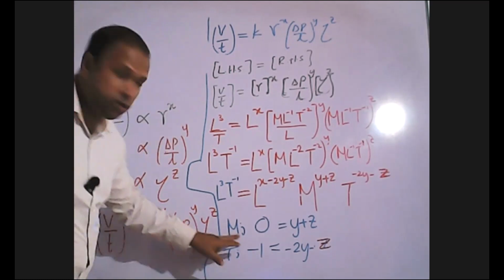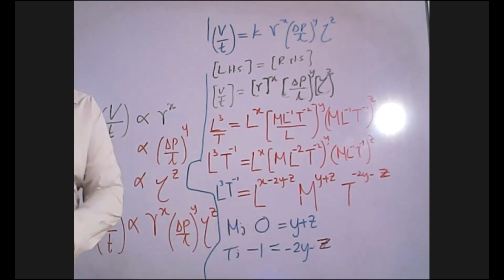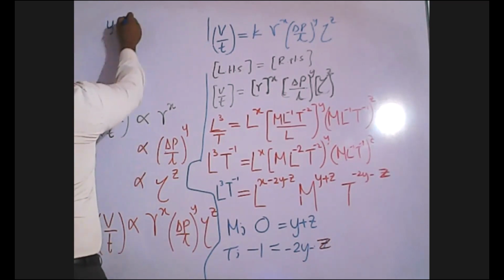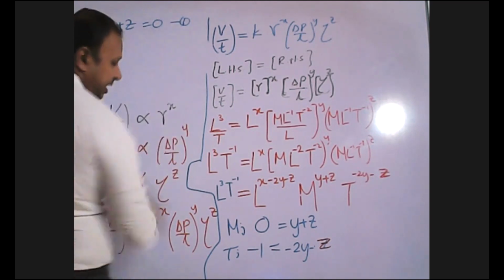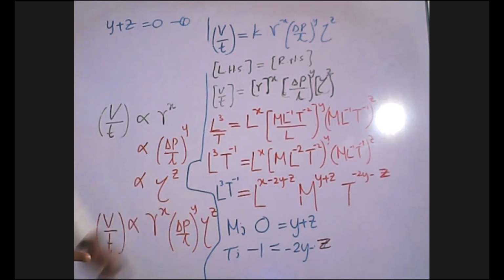Here there are two equations. One is y plus z is equal to 0. This is number one. The other one is 2y minus z is equal to minus 1.